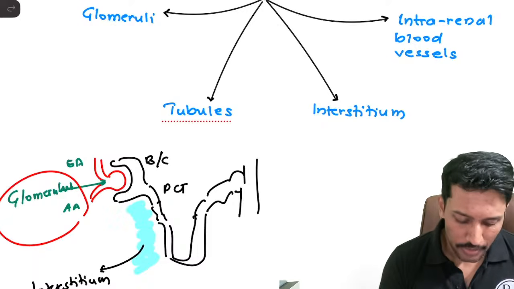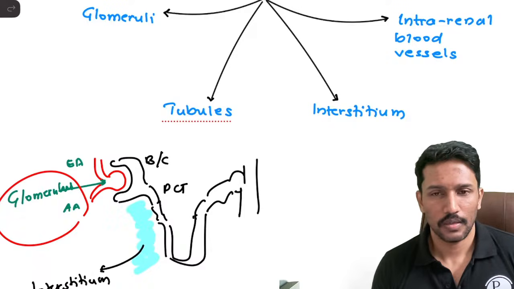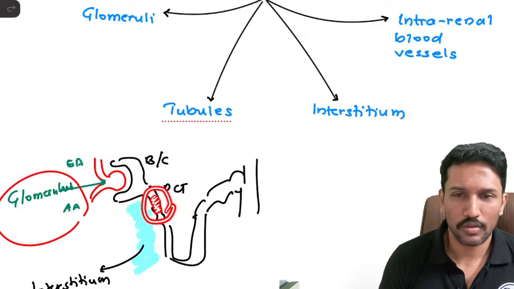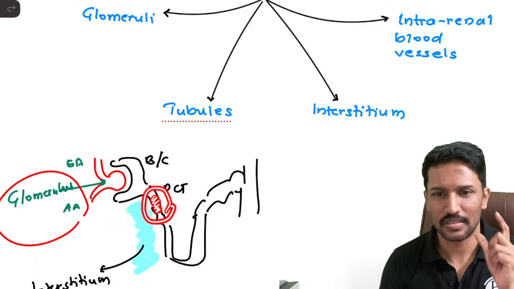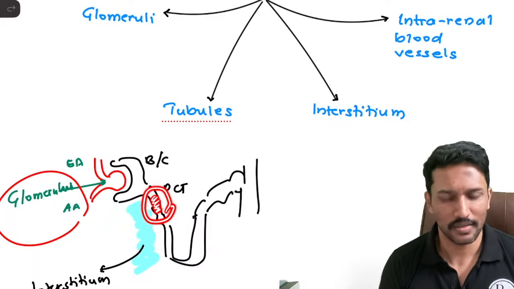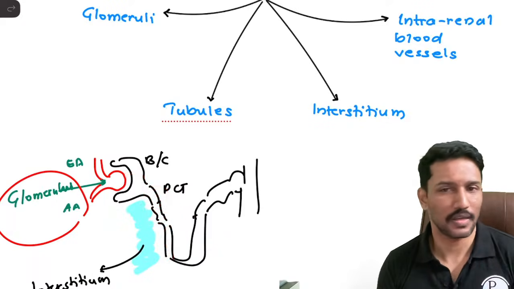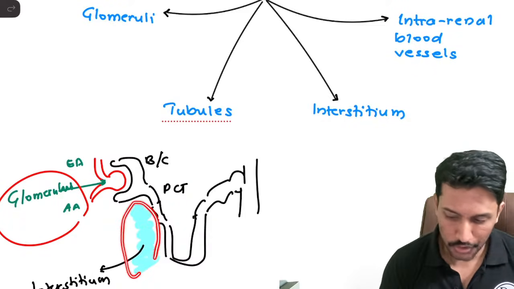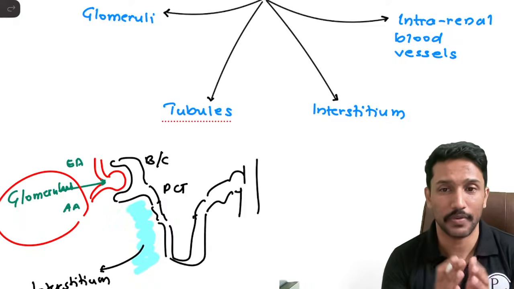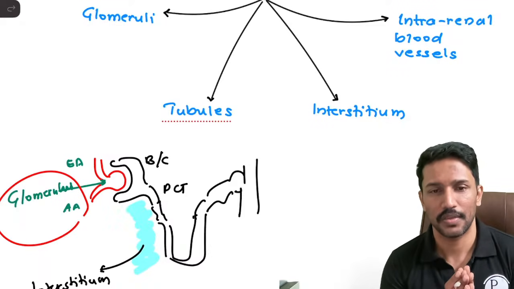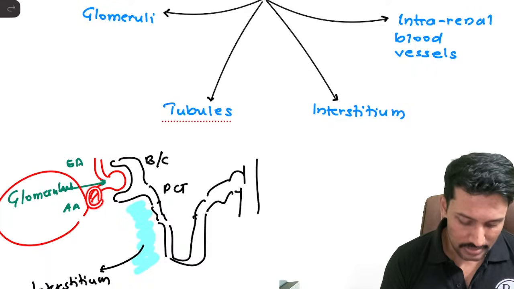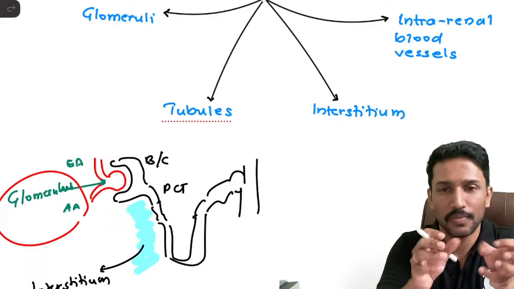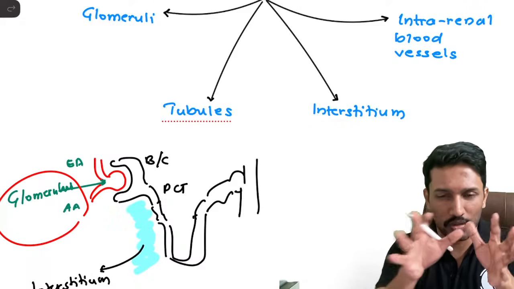Then you also have tubular disorders. What affects the tubules? Some drugs can precipitate inside the tubules, block the tubules, and cause necrosis of the cells or the epithelium lining the tubules. Tubules are dead. Then the filtration process gets disturbed. So tubular disorders is the second set. Third, this connective tissue which is holding the nephrons together may get affected by diseases. So interstitial diseases. And within the kidney, the renal arteries are large arteries entering the kidney, but once the blood vessels enter the kidney, they branch to go to different areas.